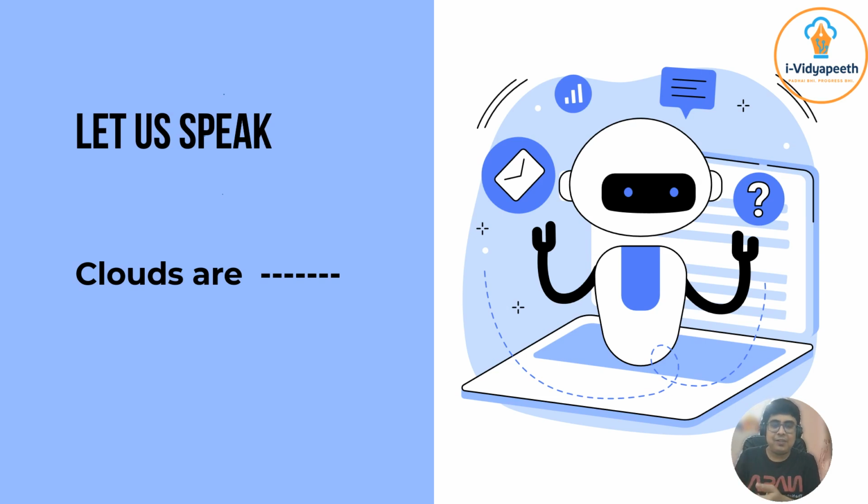How are you giving this particular answer? Because you have learned the English language, you know the grammar, you understand that clouds are is English words. Then you know the meaning of cloud and the meaning of the verb are. Then via your learning and your experience, you tell that particular word.